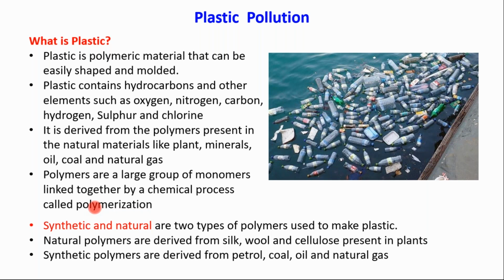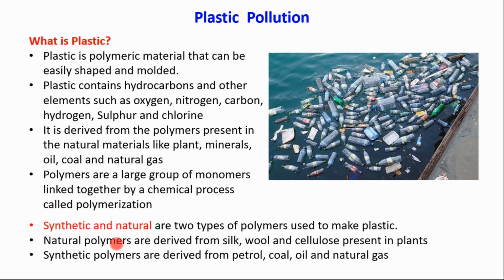There are different types of polymerization, or different techniques of polymerization. We are not going to discuss all in detail, but we are going to focus only on plastic, its characteristics and how to control this pollution. Synthetic and natural are the two types of polymers used to make plastic. Natural polymers are derived from silk, wool and cellulose present in plants.